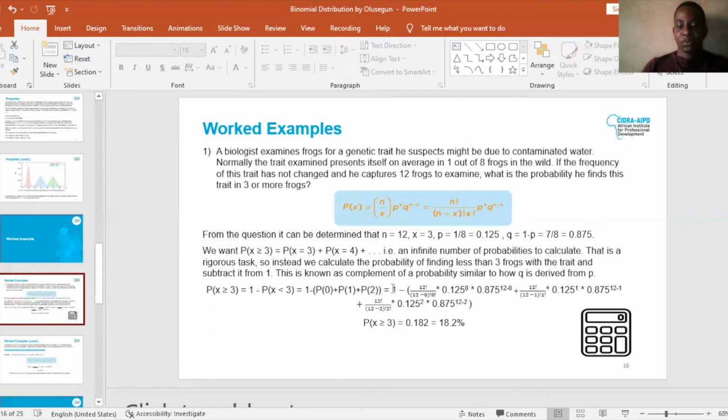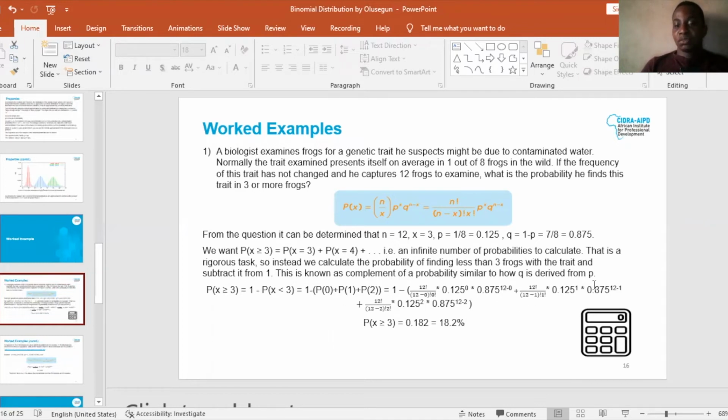Here we plug in the values: 1 minus this. This is n factorial over n minus x factorial times x factorial, that's 12 factorial over 12 minus 0 factorial times 0 factorial, times 0.125, which is p, to the power x, times q to the power n minus x, which is 0.875 to the power 12 minus 0. That's for the probability of 0.